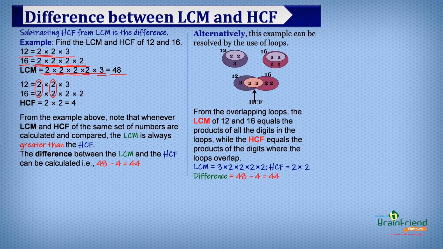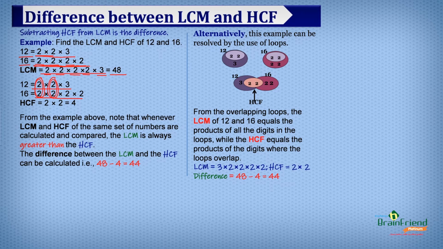Now moving on to find the HCF, we can as well use the factor method. We have the factors of 12, and yet again, the factors of 16 are listed. Now, in the situation of highest common factor, you can see 2 has been highlighted and 2 has been highlighted.